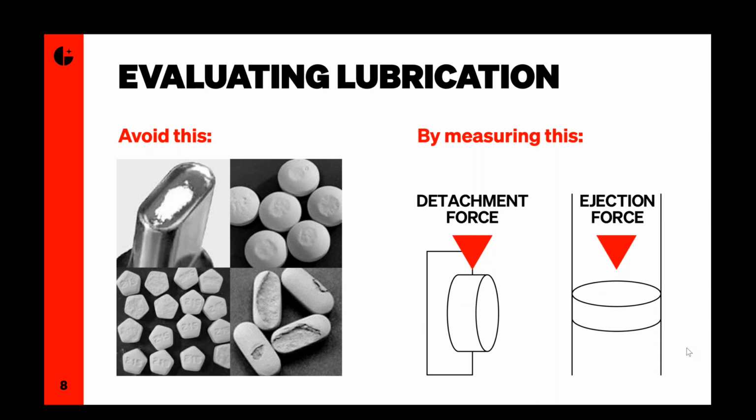We then measure the force that it takes to push the tablet out of the die, which is the ejection force. Now, I think it's pretty intuitive to think that if these forces are low and it's easy to get the tablet out of the die, then the tablet is well lubricated and you're not likely to have sticking and picking issues. And of course, the reverse is true. High detachment and high ejection forces indicate that you're going to have sticking and picking problems in production.